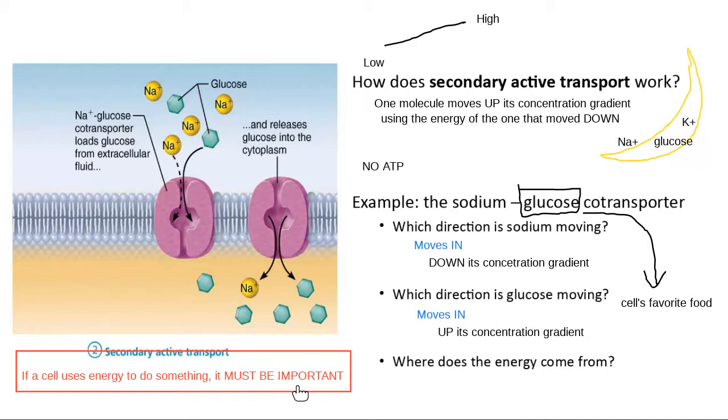It's also willing to mess up that hard work of pushing all the sodium outside, use that energy to bring in glucose, because glucose is its favorite food. If a cell uses energy to do something, it must be important. So as you're reviewing these two types of active transport, make sure we can explain why these things are important, why a cell needs them.